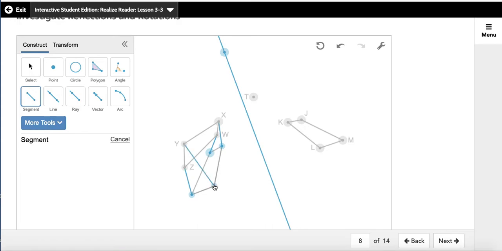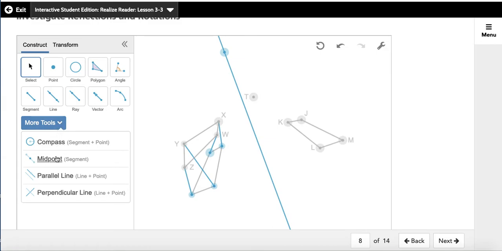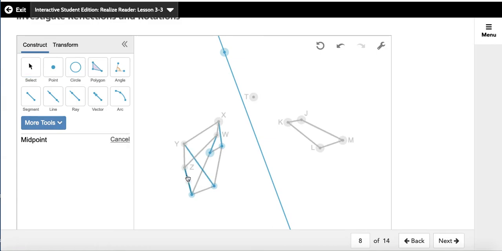Now I need to find the midpoints of those four segments, and I can do that with the midpoint tool. Midpoint of this segment and this segment and this segment. That's not that segment. Ugh. Undo.